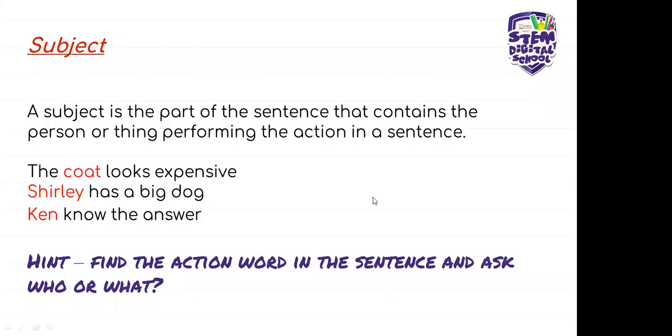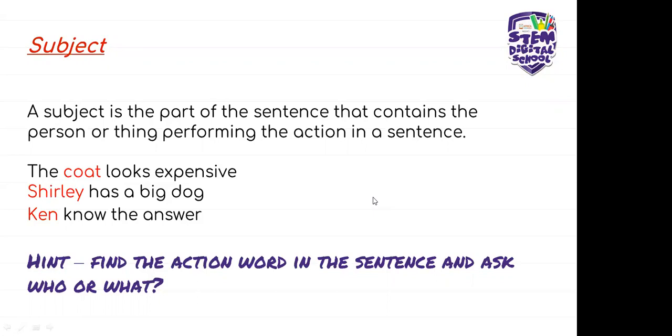Important thing, the hint here is: find the action word in the sentence. Find the action word in the sentence, and ask who or what. Find the action word and ask who or what. Okay. So that is the subject.